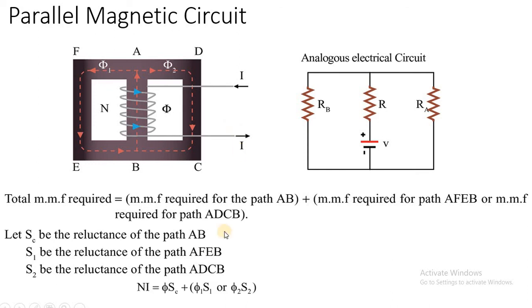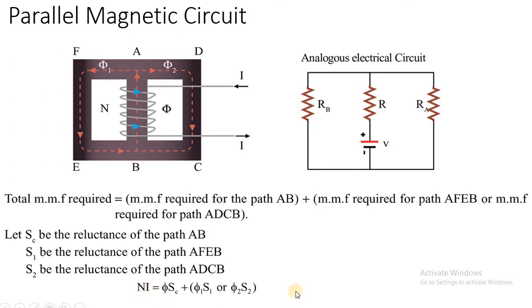So what do I write? Total MMF, which is equal to Ni, equals phi SC, that is the middle branch reluctance, plus phi 1 into S1, that is the left hand side part, AFEB. The flux through that particular section is phi 1 and the reluctance of that section is S1. So phi SC plus phi 1 S1 gives me Ni, the first equation.